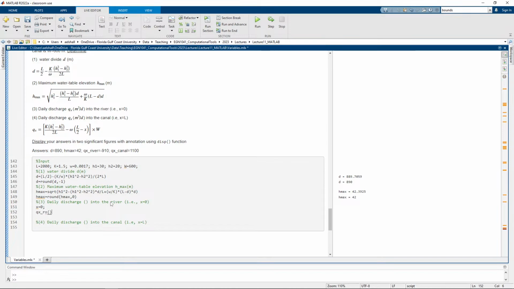And then I open parentheses, because I have this big parentheses there, k times h1 square minus h2 square divided by, don't forget the parentheses, 2L, minus omega, W here, divided by L over 2 minus X.